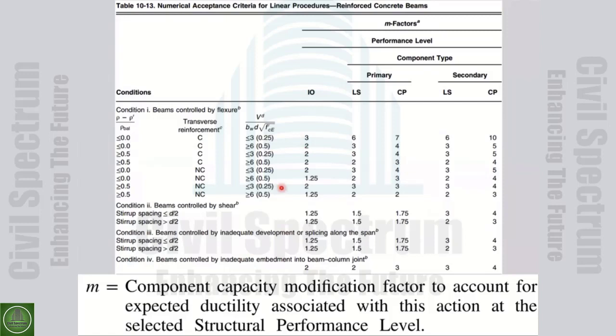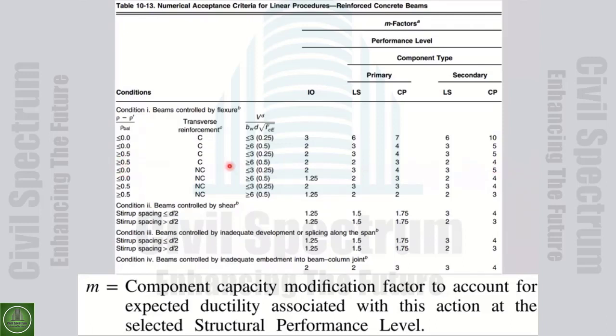So in these tables, we can see that we have a very good summary of years and years of experimental work, results, and experience of knowledgeable engineers, put together to reach these values.